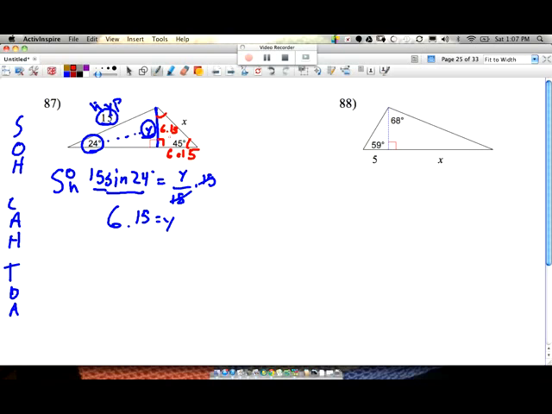So let's see. How about we use the same one like we normally would have, and this x and that angle. That means we have the opposite, the hypotenuse, and the angle again. So that, again, we'll do sine. Sine 45 degrees equals opposite, which is 6.15, over x. Now we got all this algebra. We're going to multiply both sides by x, divide both sides by sine 45.